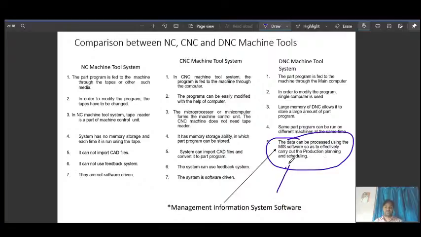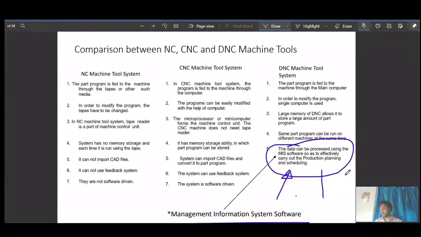All the information is stored in the main computer, and it can be accessed from anywhere. So what we are doing here, with the help of MIS, is controlling our production from anywhere.